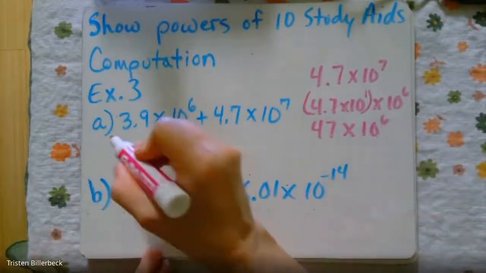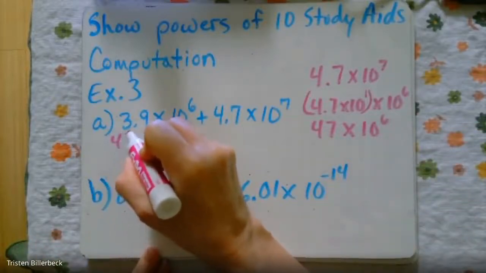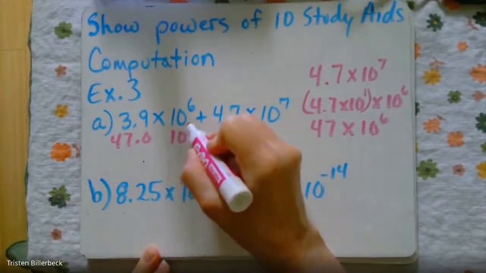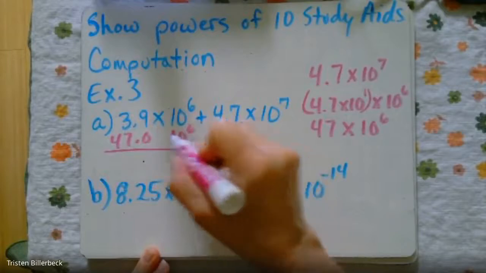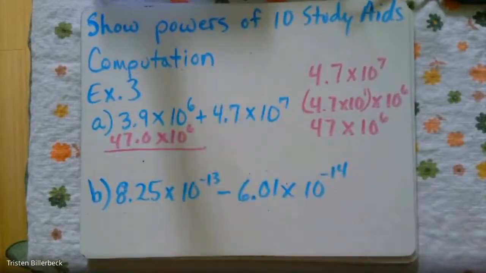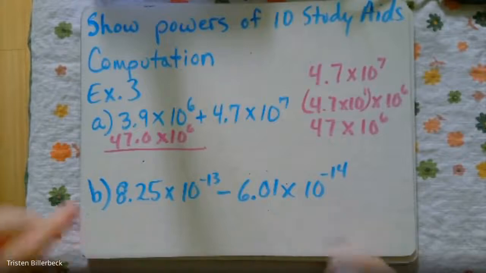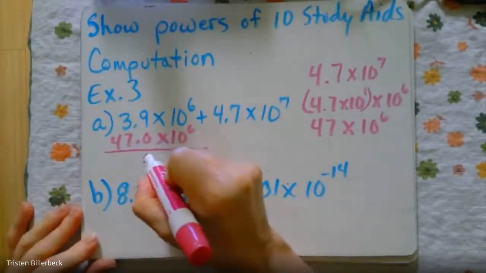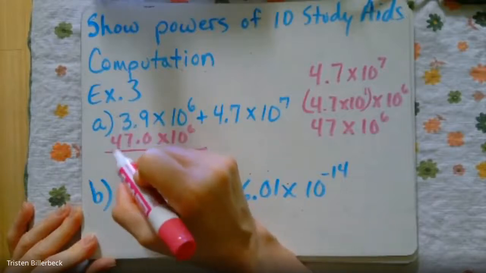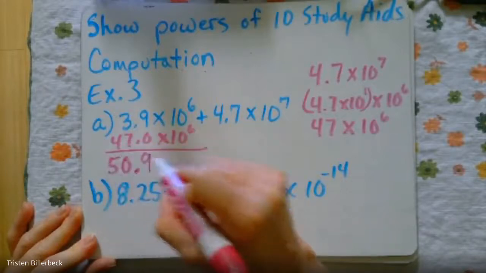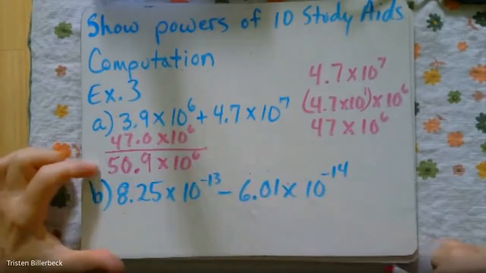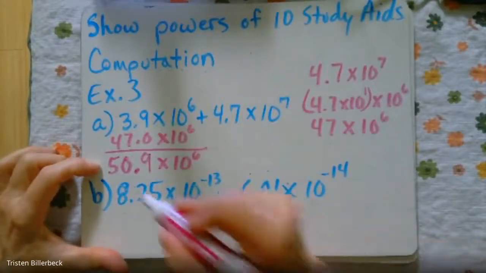So now I can add this together. I have 47.0 times 10 to the 6th here. So I'm adding the same magnitude together now. When I add this up, I have 9, and then 10 times 10 to the 6. But wait a second, that's not scientific notation.